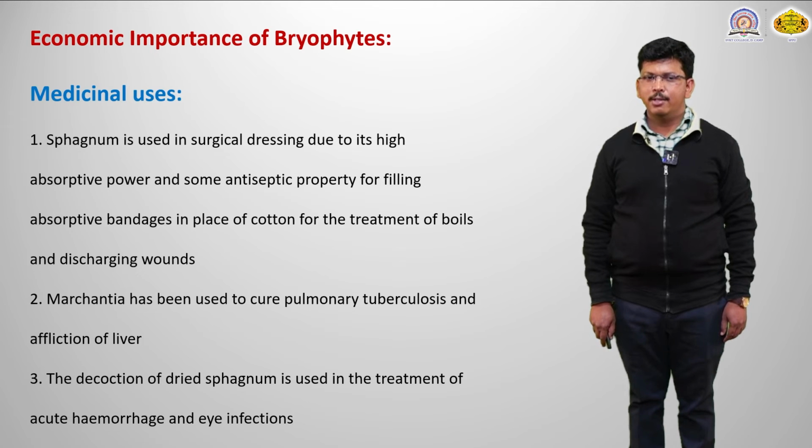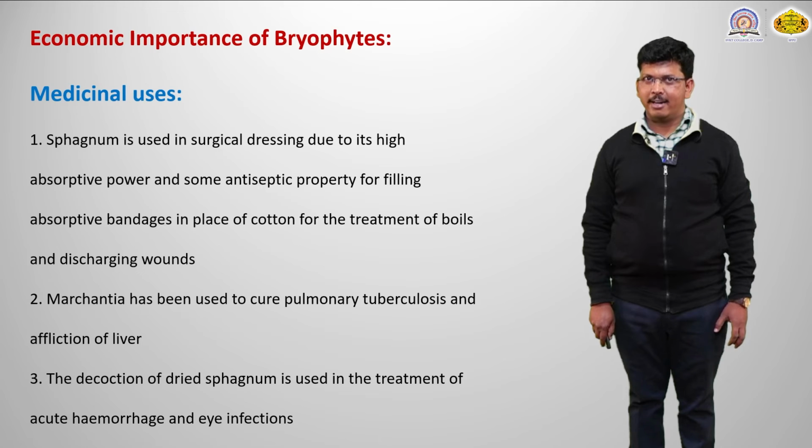So next is the medicinal uses: the decoction of dried Bryophyta. Okay, so what is decoction? Decoction is nothing but when the part of the Bryophyta is present in the water for many days, some substances present in the Bryophyta percolate into the water, and the body becomes delicate. That is the decoction.